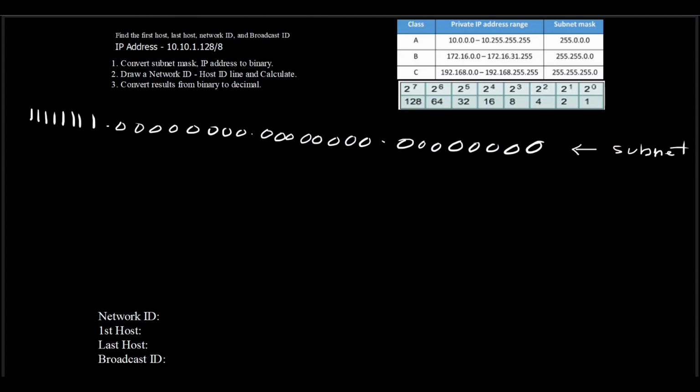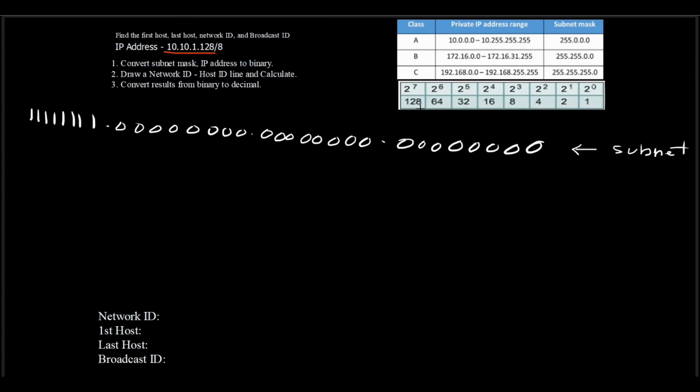Now let me go ahead and convert my IP address into binary as well. So this is the IP address that I have: 10.10.1.128. For the 10, let's go to the chart on the right side, which can help us understand a little bit.